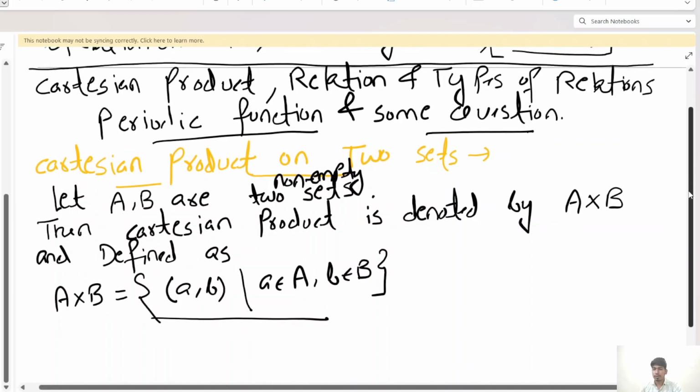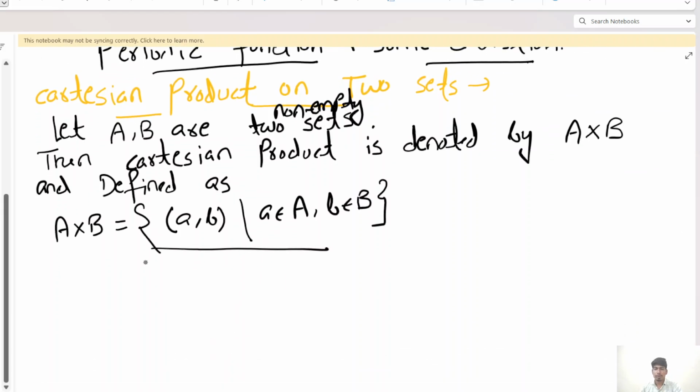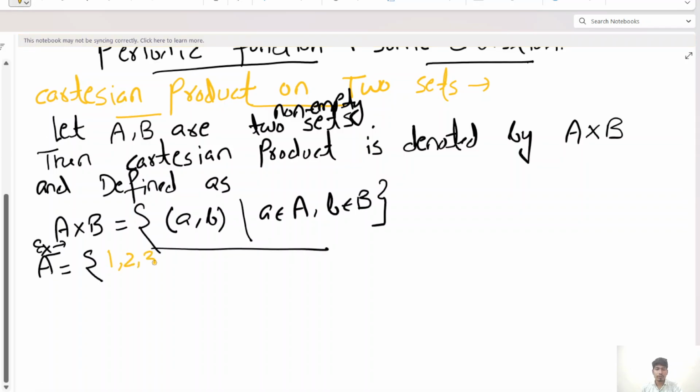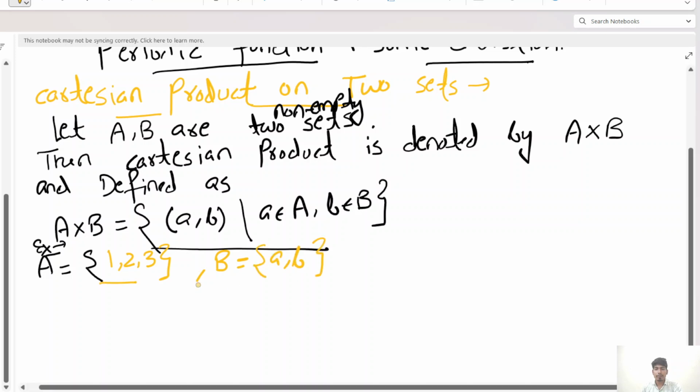So let's take an example. Let A be 1, 2, 3 and our B set is {a, b}. Both are non-empty. Then we define A cross B, the Cartesian product. What is this?